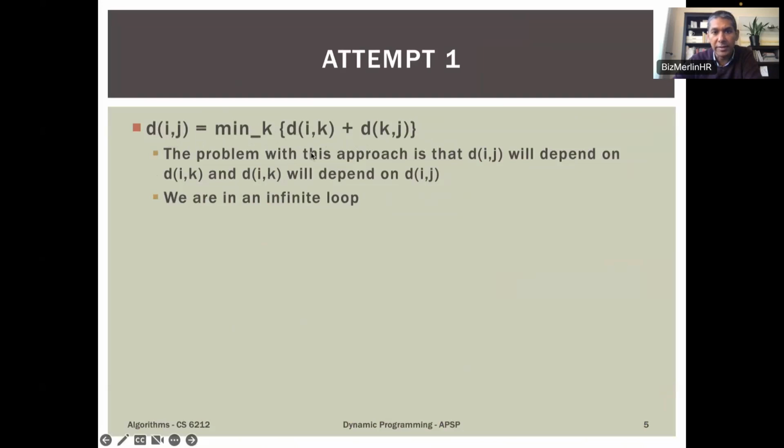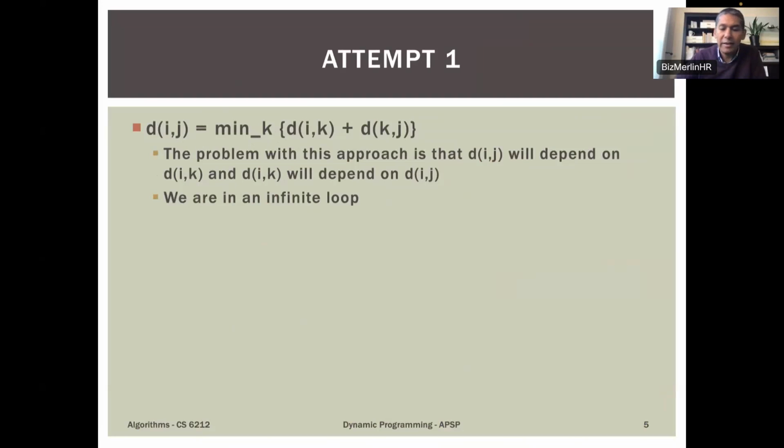That's one attempt. But the problem with this approach is that dij depends upon dik, and recursively dik will also depend upon dij. So we are in an infinite loop. Therefore, this attempt doesn't directly work.